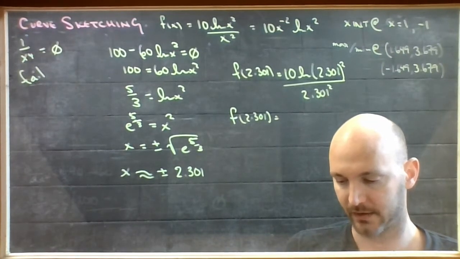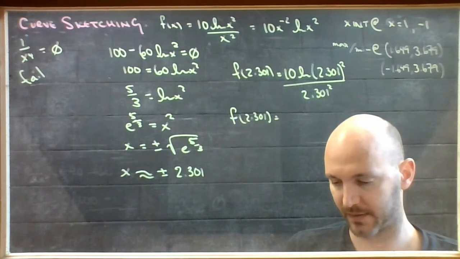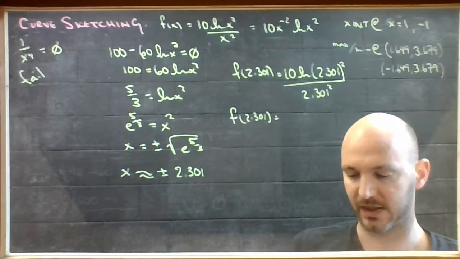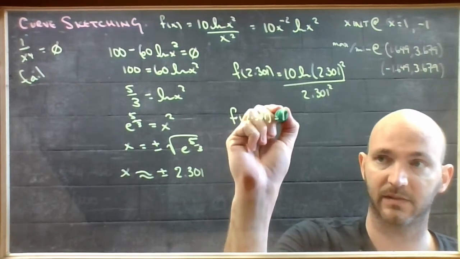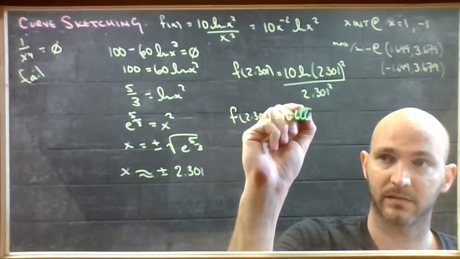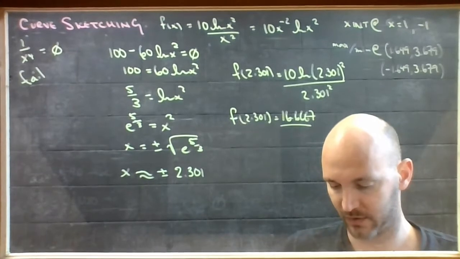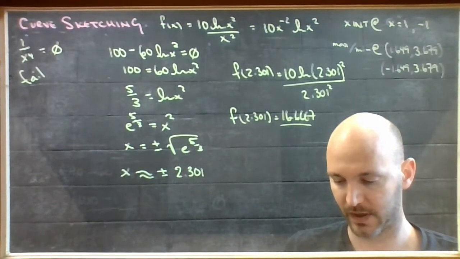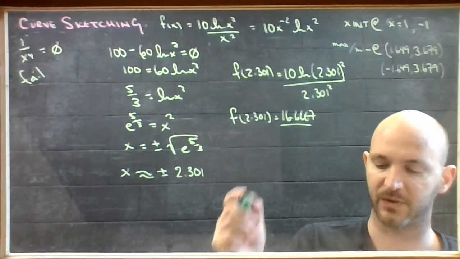Ln of that should give me 5/3, times 10 gives me 16.6667. And 2.301 squared is 5.294.